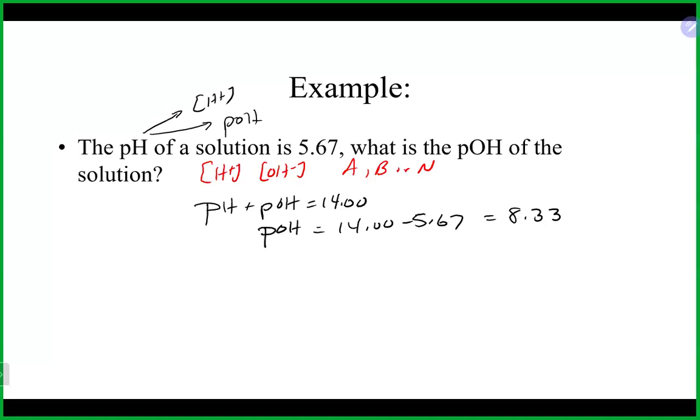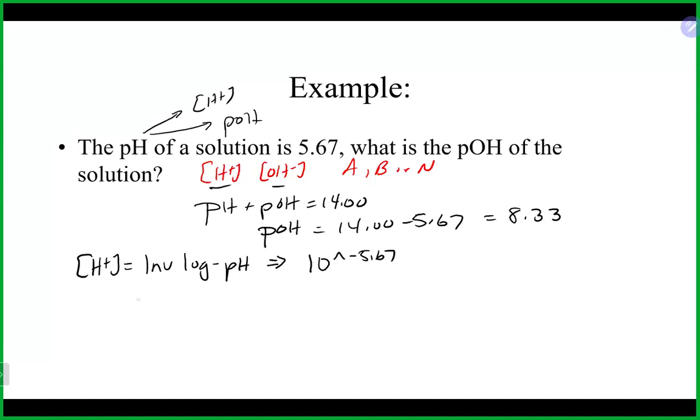Now that we have both the pH and the pOH, we could actually get the concentrations from it. So again, we're going to do the H plus concentration, which would equal the inverse log of the negative pH. And on your calculator, that's going to look something like this when you punch it in.